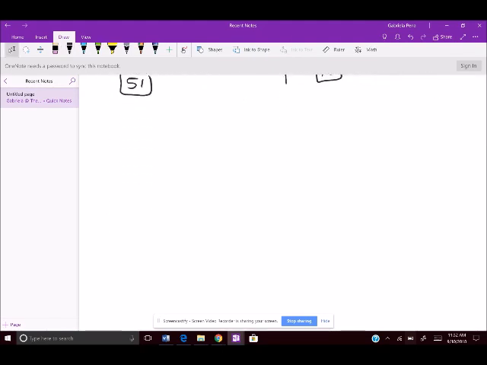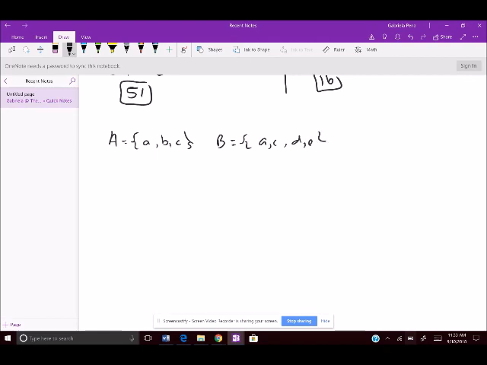Yes. All right. So when we move on, now this one could be a little tricky, but it shouldn't be. You have a lot of groups here. They tell you A is {A, B, C}, B is {A, C, D, E}, C is {A, D, F, G}, right?